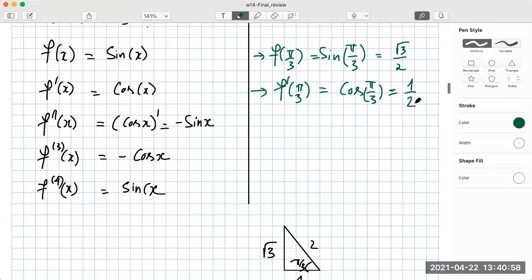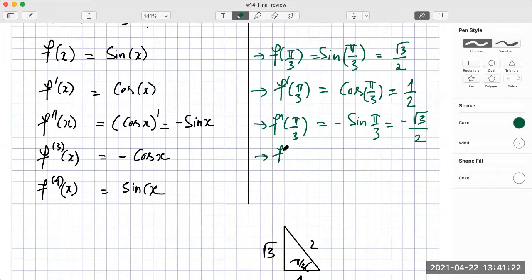Thank you. And the second derivative of the function at pi over 3 is negative sine of pi over 3, and sine of pi over 3 is this, therefore it will be negative square root of 3 over 2.